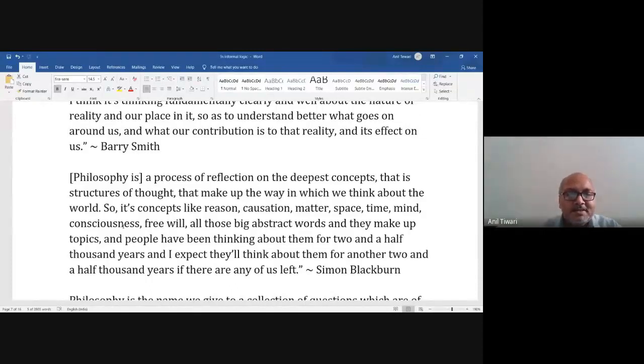So it's concepts like reason, causation, matter, space, time, mind, consciousness, free will, all those big abstract words, and they make up topics, and people have been thinking about them for 2,500 years, and I expect they'll think about them for another 2,500 years if there are any of us left.